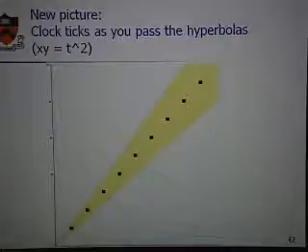If you're traveling in a straight line, every time you cross one of these hyperbolae, your clock ticks. I just want you to get clear that that's a possibility.